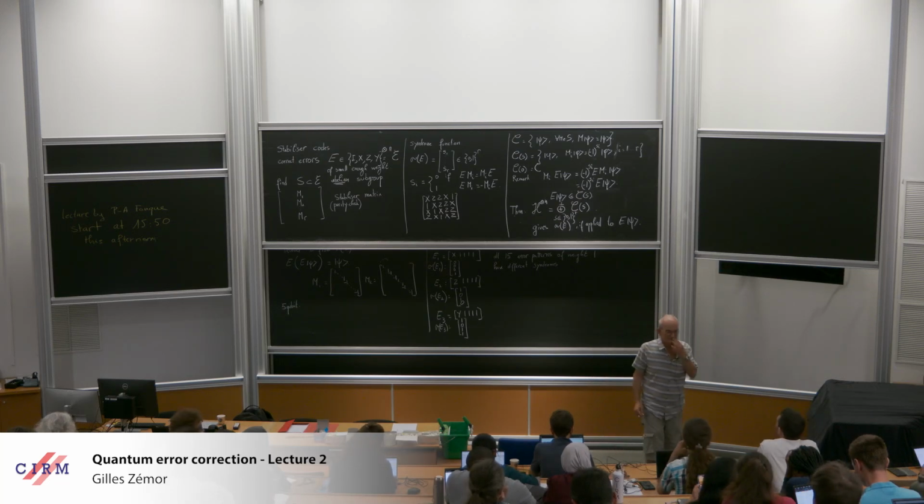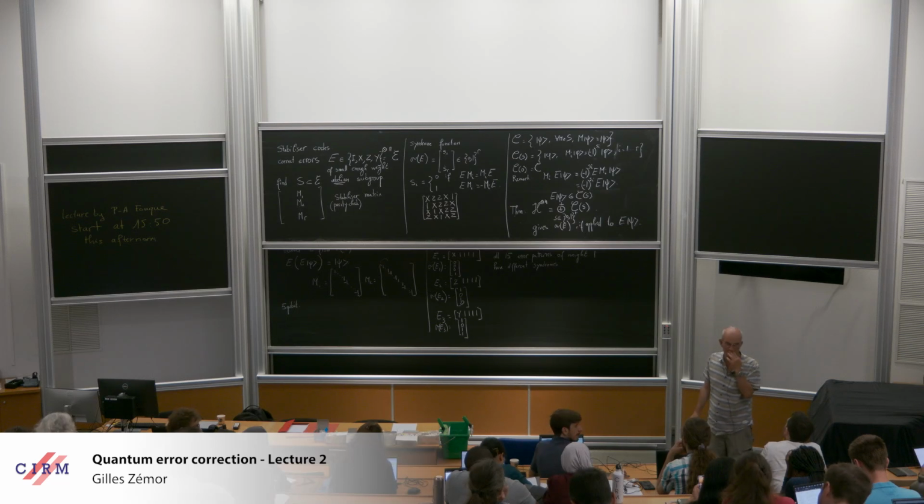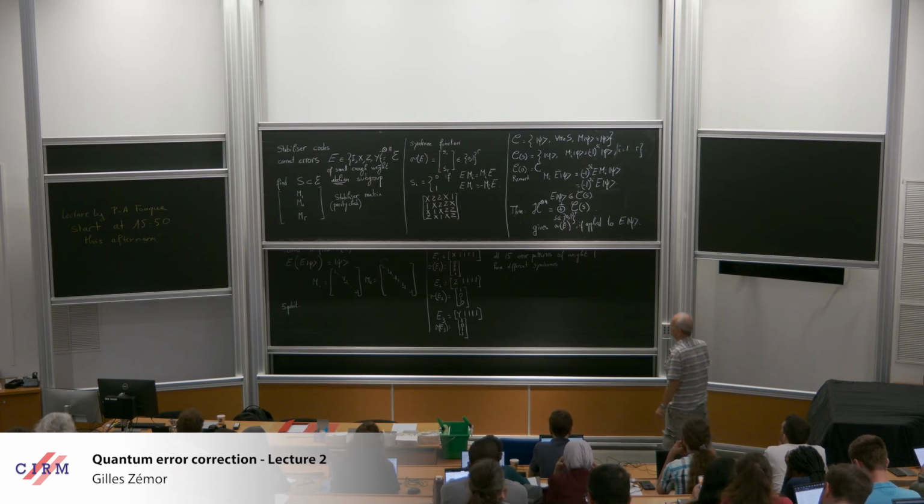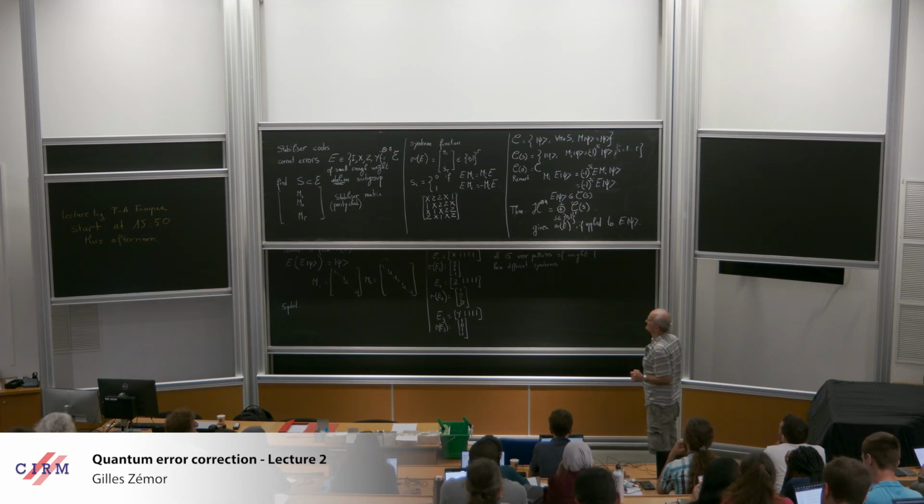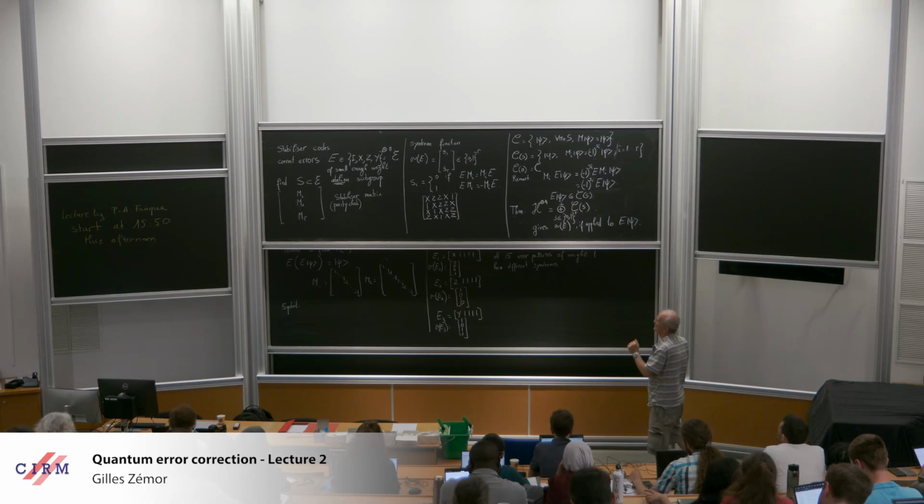Yes? So can the code also correct larger distance errors? And if so, can one quantify or identify which ones it can correct? Yes, so in the case of the 5-qubit code, we can understand everything.